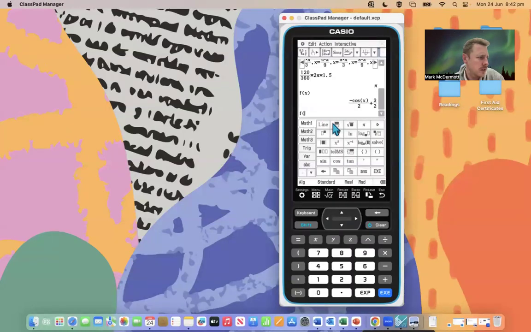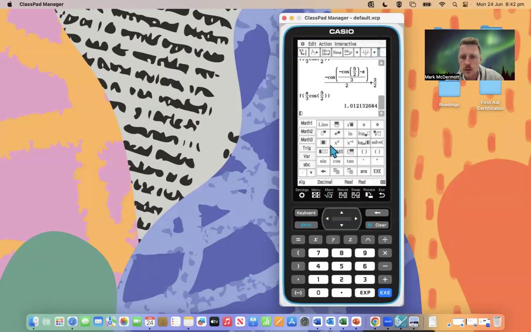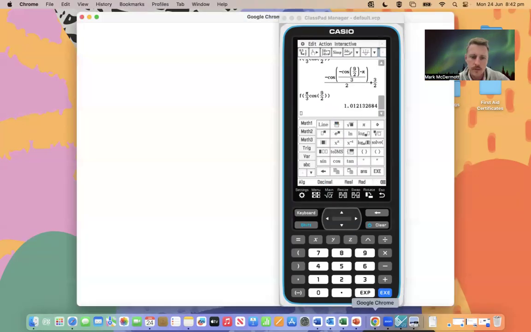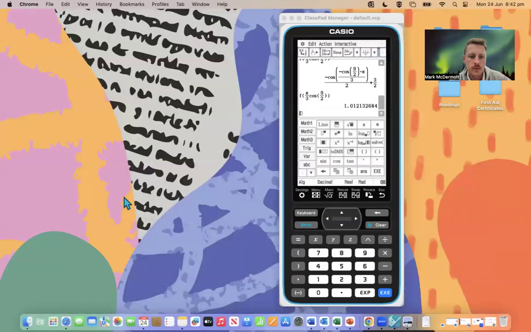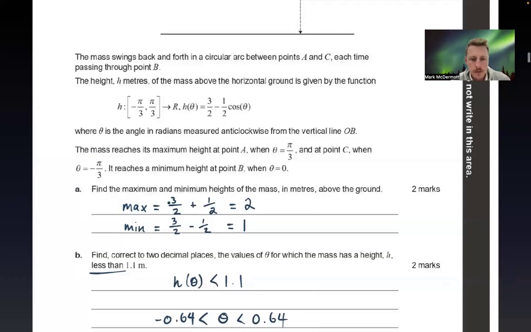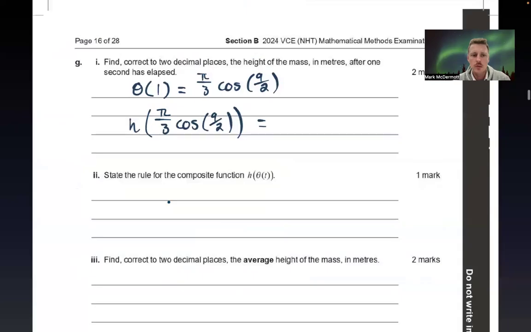Okay, what are we subbing in? We're subbing in pi on 3 cosine of 9 on 2. And we want it as a decimal, 1.01. So I reckon the answer here is 1.01 meters.